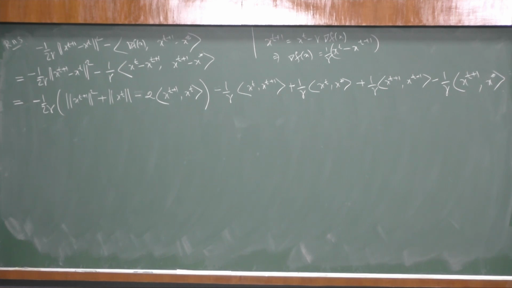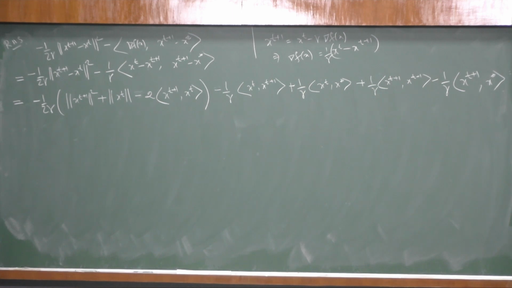One thing we see is norm xt plus 1 squared, I can see that already. What we need is the inner product of xt plus 1 and x star. Xt plus 1 and x star is there, but the norm of x star is not there.